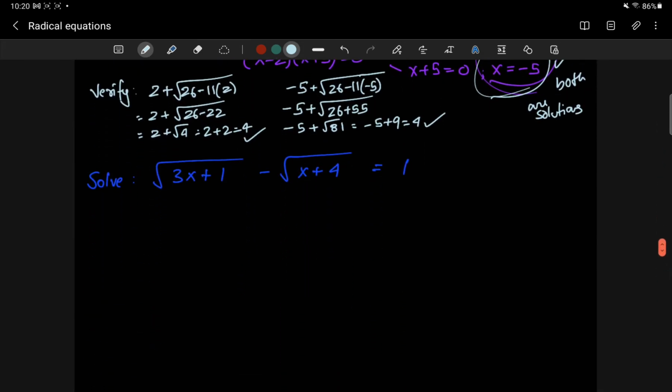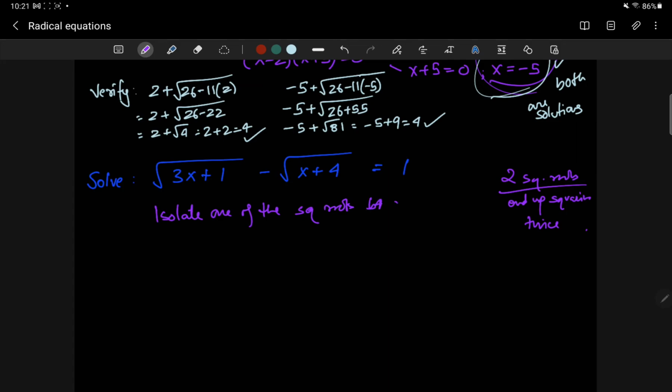Okay, now we have this one last type here. In this particular type, there are two square roots involved. So here we are going to end up squaring two times. Still, we want to isolate one of the square roots before squaring.